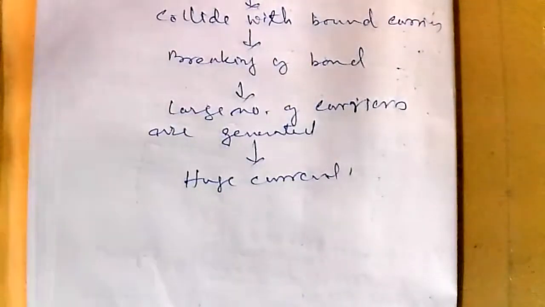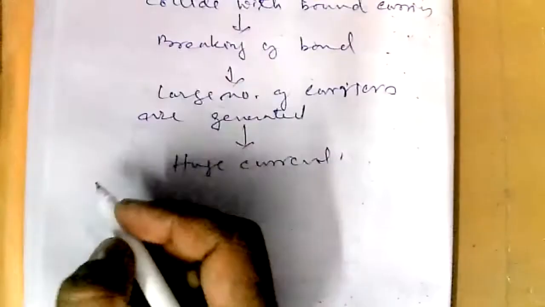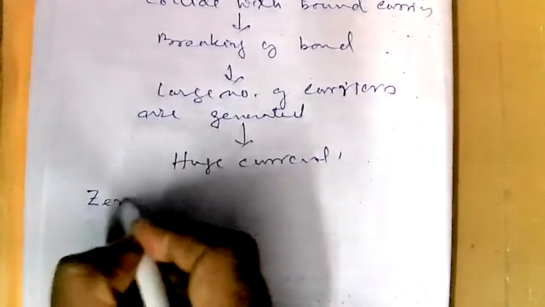Now, this Zener breakdown has been used to prepare a special kind of device which is called Zener diode.